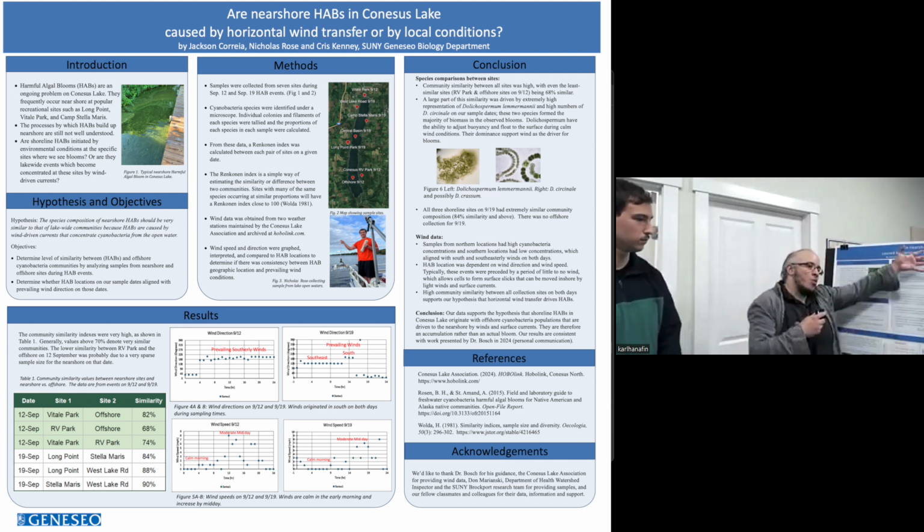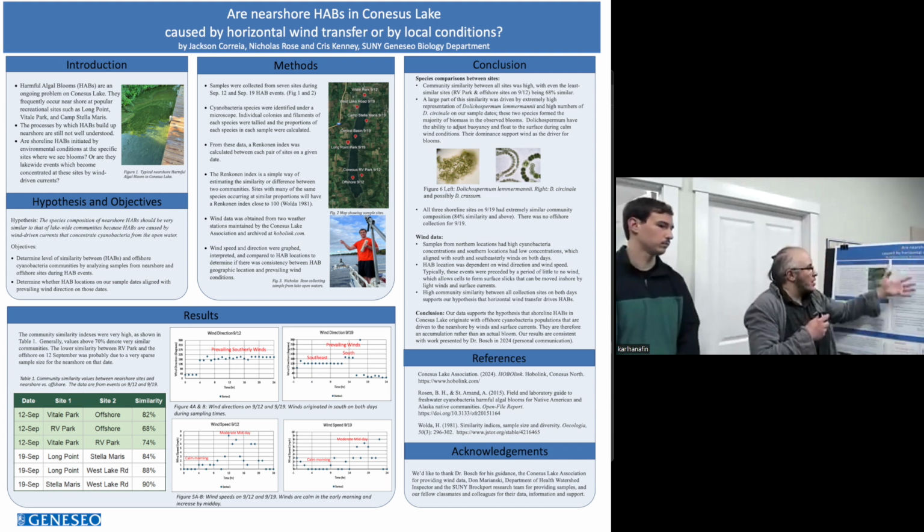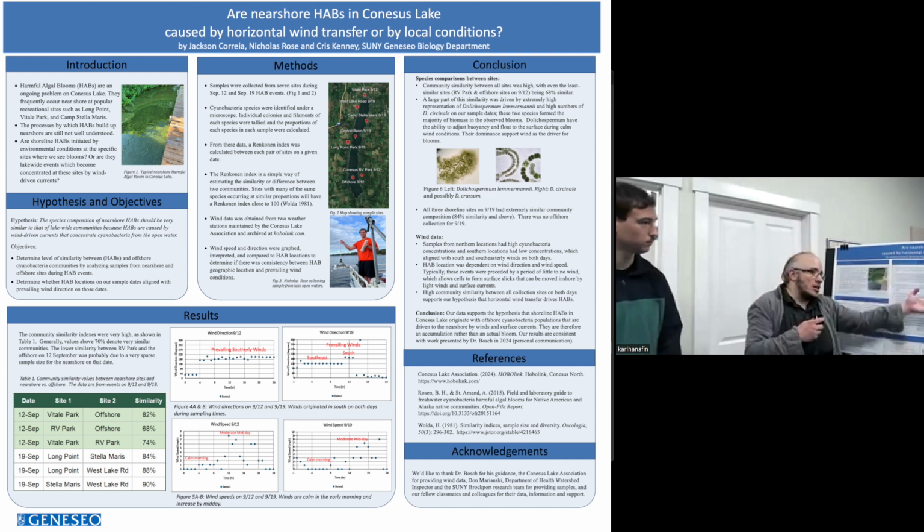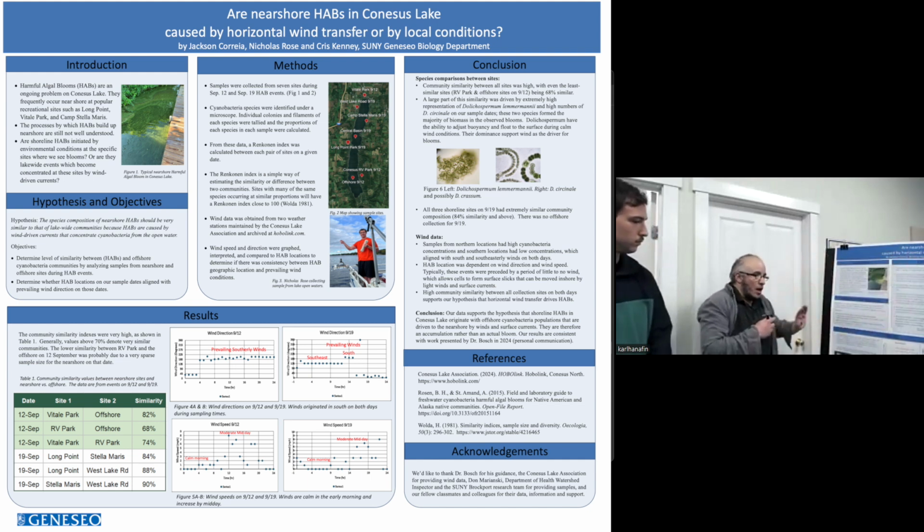If these are lake-wide conditions, then the communities at different sites around the lake on the same date should be very similar. We found, in fact, that they were very similar. Our lowest similarity was 68%, and most of them were in the 80s, up to 90% similar between different sites.